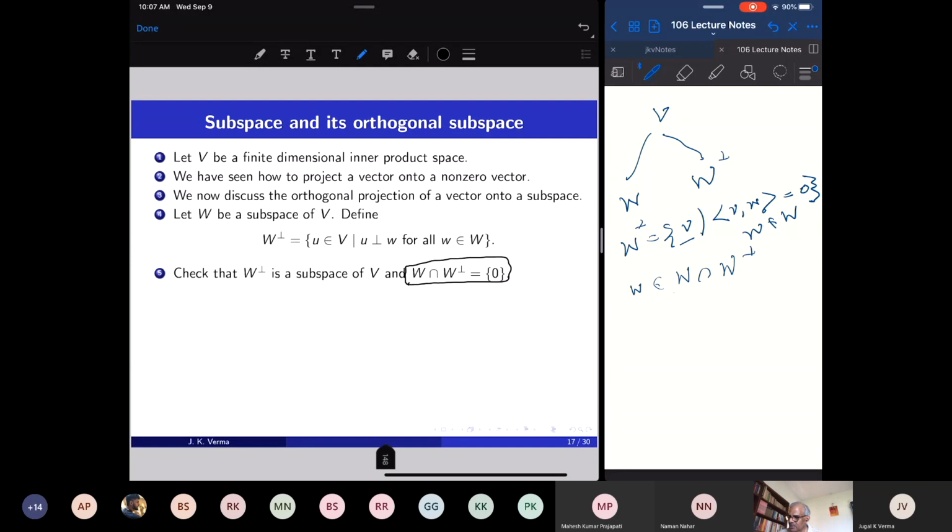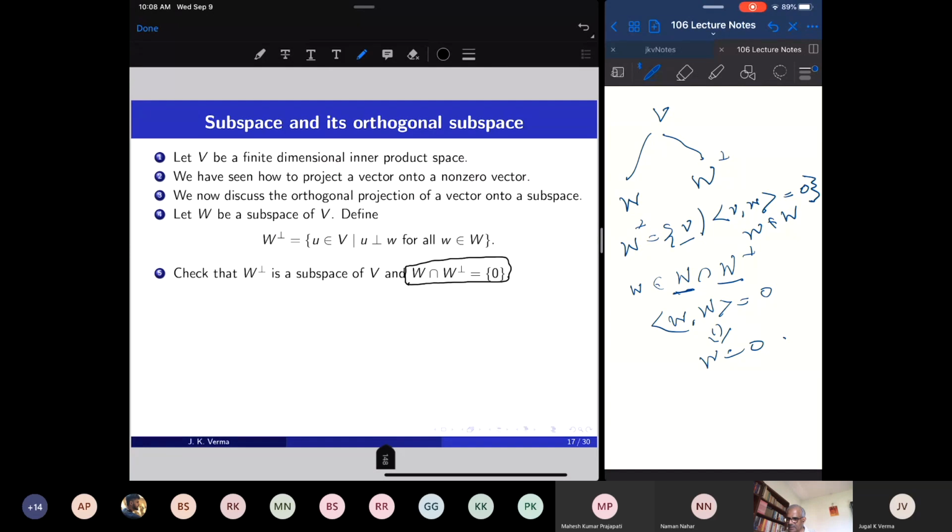Then w is in W, and it is also in W perp, but every vector in W perp is perpendicular to W. So the inner product of w with w is 0. But by the positive definite property of the inner product, w has to be 0. So W and W perp intersect only in 0. Vectors in W which are perpendicular to every vector in W are only the zero vector.